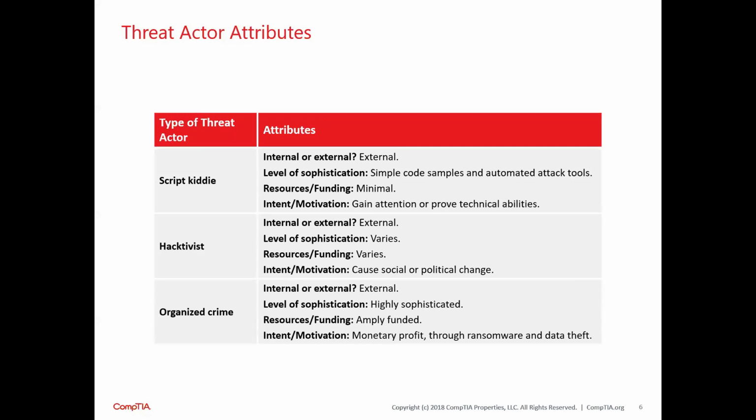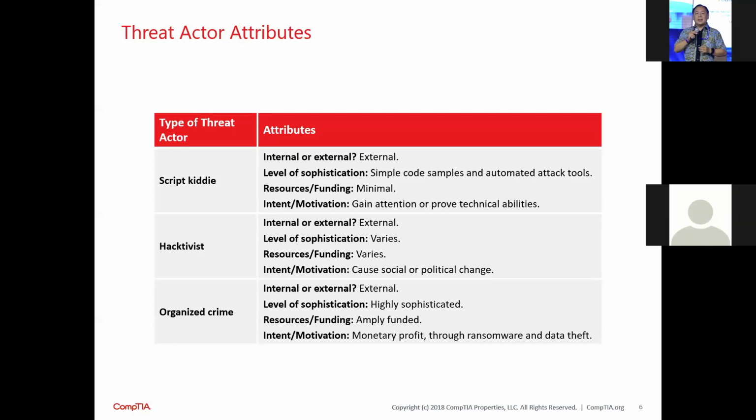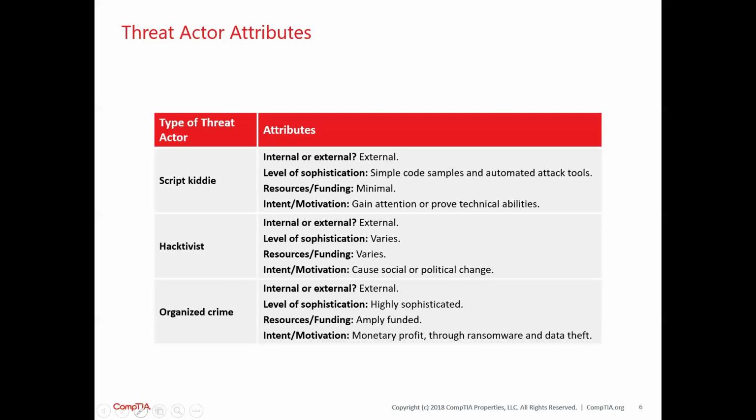It is an external threat. For resources and funding, they are amply funded, meaning they are most likely funded by organizations or even a country, like a nation state. And the intent or motivation could be monetary profit through ransomware and so on.